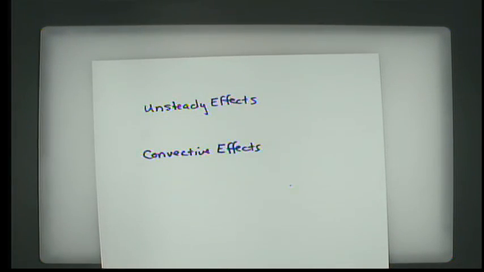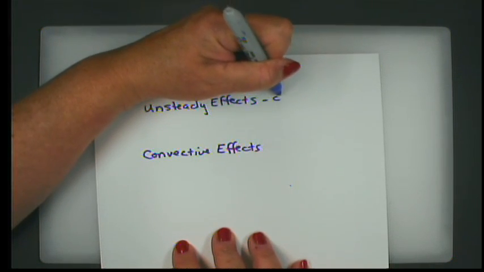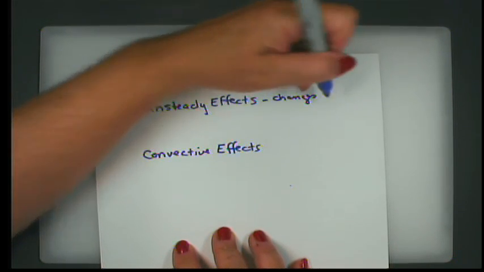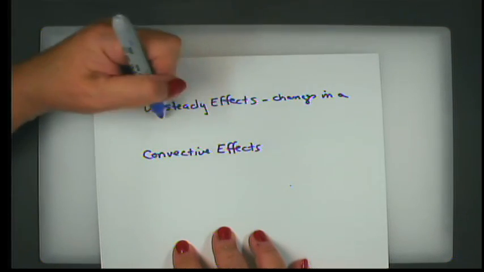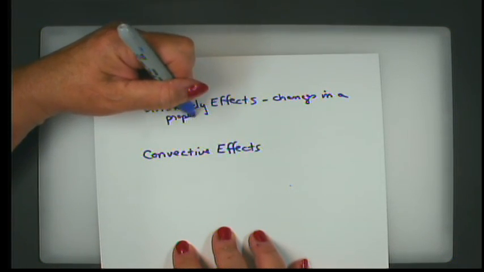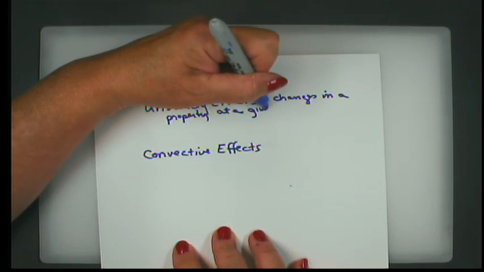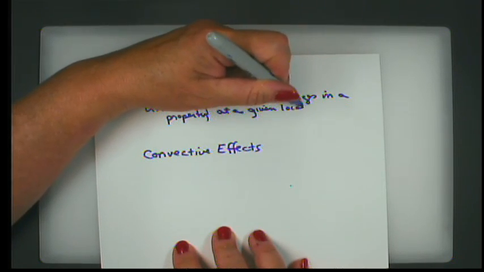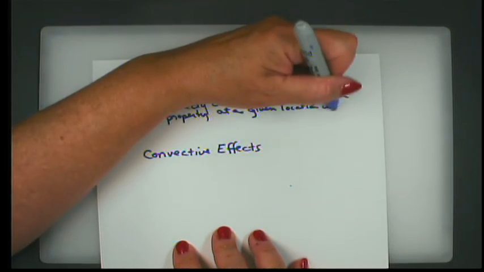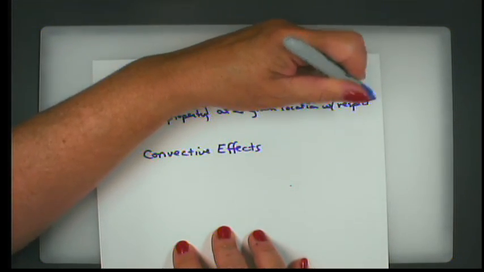The unsteady effects are the portions that have to do with anything that changes at a particular location with respect to time. Changes in a property at a given location with respect to time.